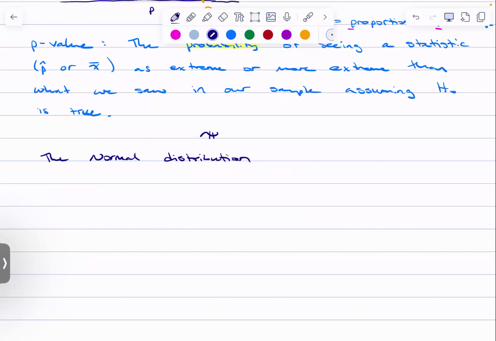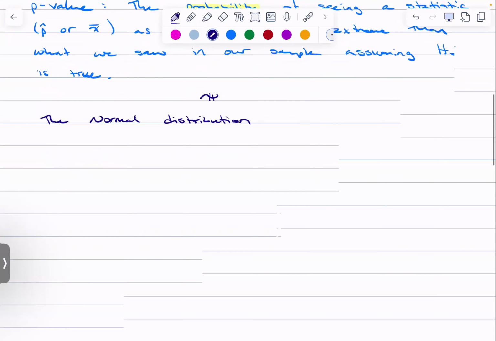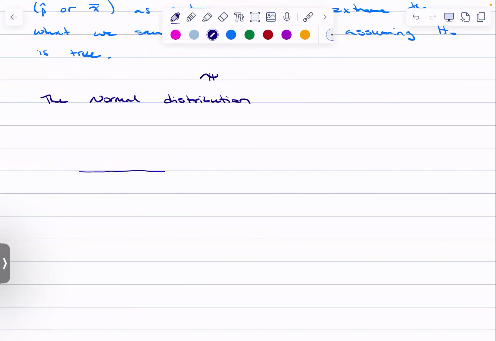Okay, and so the normal distribution. Thinking back, way back, before calculators, before computers, obviously. What a find. What a find with the normal distribution. Because what can we do? If we find that a lot of things follow this shape, okay? And so this is the shape.